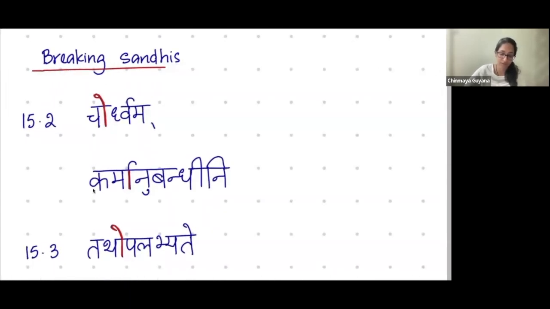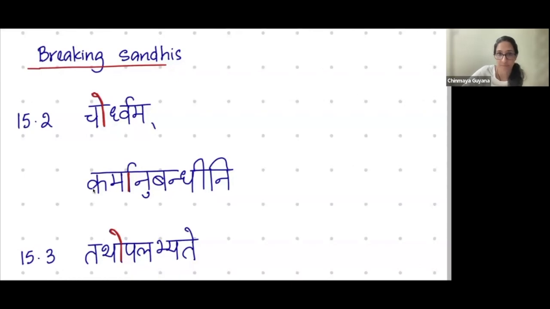So this word is Chordvam. The first one is Chordvam. And I've colored the Sandhi in red.